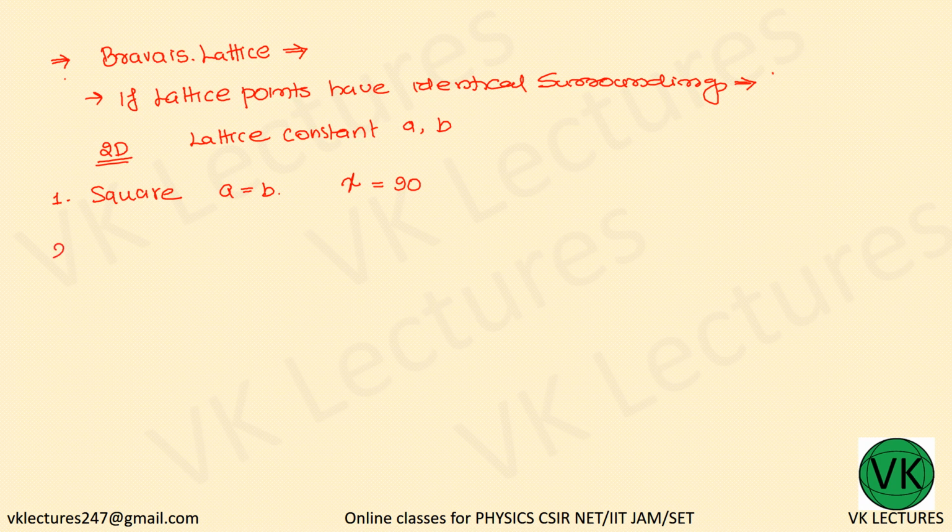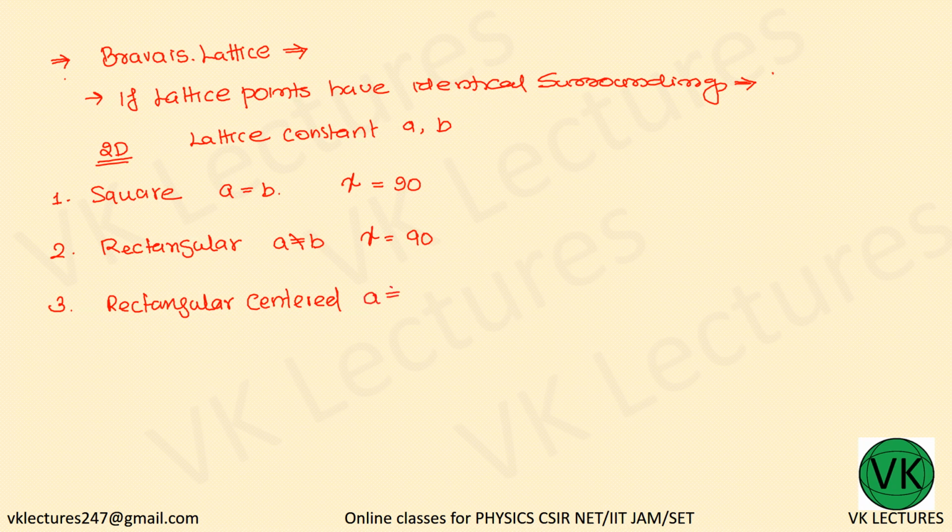Now we have the rectangular lattice: A not equal to B, and gamma equal to 90 degrees. Third, we have a rectangular centered lattice, and here again A not equal to B, and gamma equal to 90 degrees. Fourth, this is a hexagonal.